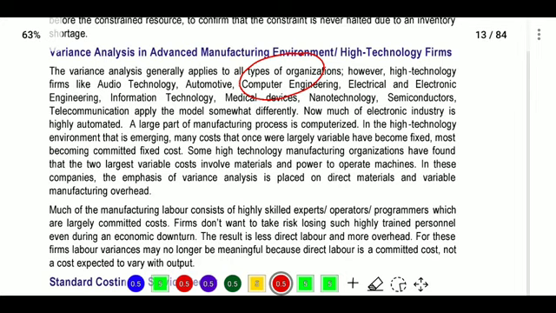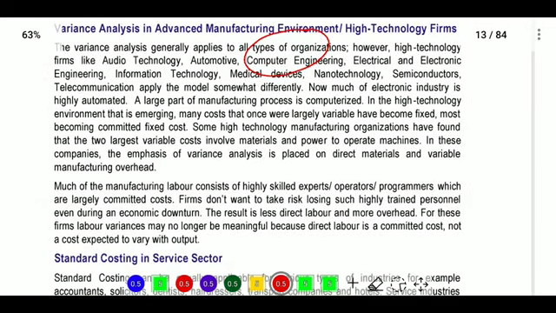Some high technology manufacturing organizations have found that the two large variable costs involved are material and power, to operate the machines. These are the largest variable costs when using computers.